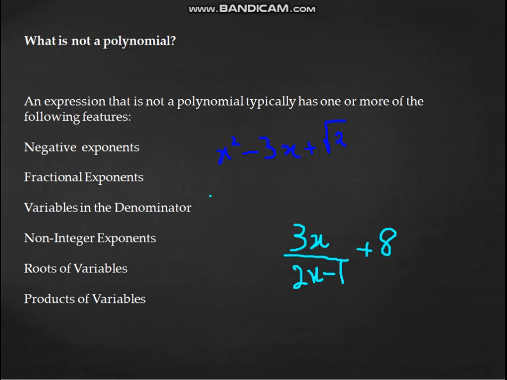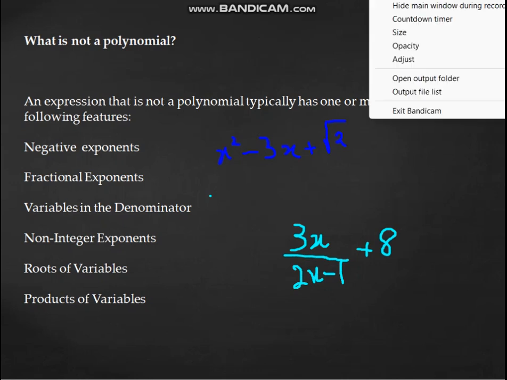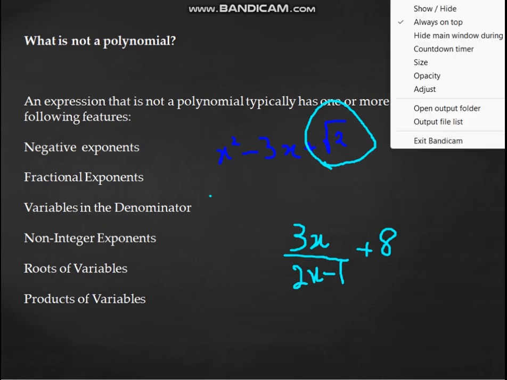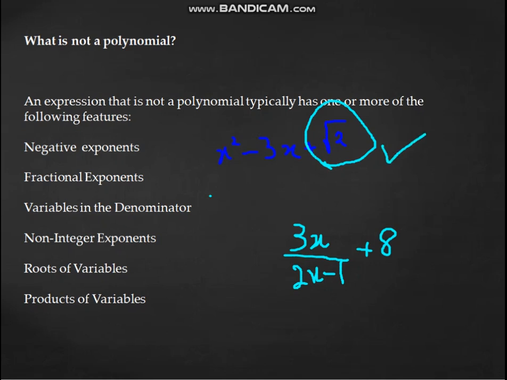I don't see that either. Any non-integer exponents? Nope. Roots of variables? There's a root of a number, but no roots of actual variables. Are there any products of variables? There is not a product of variables. So this will be considered a polynomial.